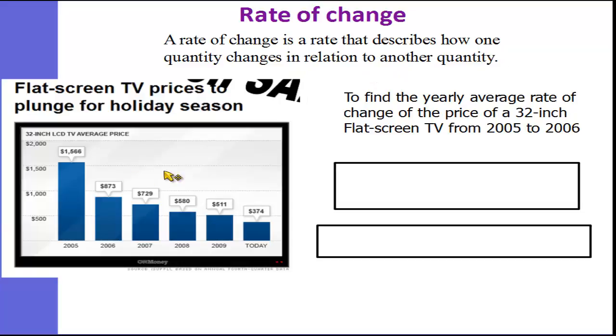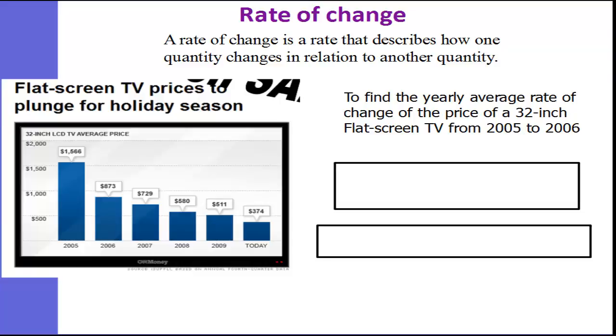Okay, so here is our first example. We would like to find the yearly rate of change of the price of a 32-inch TV from 2005 to 2006. So we are trying to describe how the price changes over the period of 2005 to 2006.